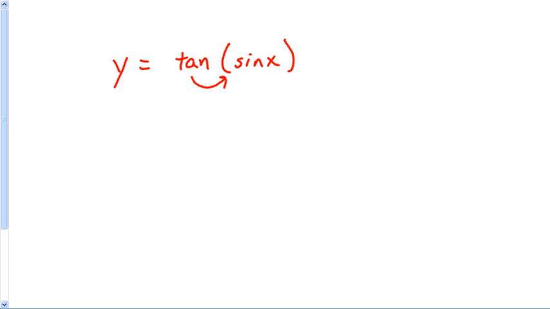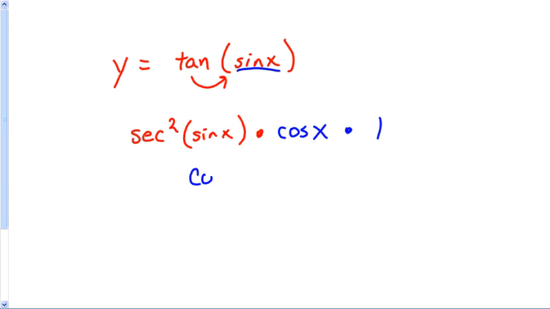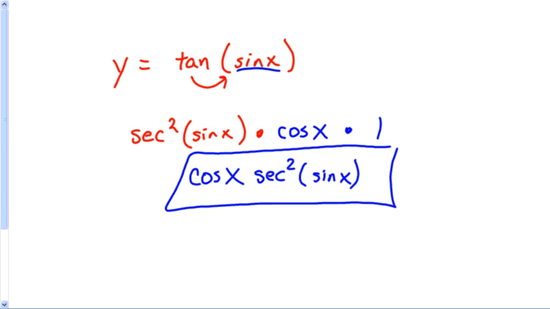So the derivative of tangent is secant squared of sine x, times the derivative of sine x, which is cosine x, times the derivative of x, which is 1. So my answer to this question is just cosine x secant squared of sine x. It's not pretty and it doesn't simplify, but that is my answer to this question.